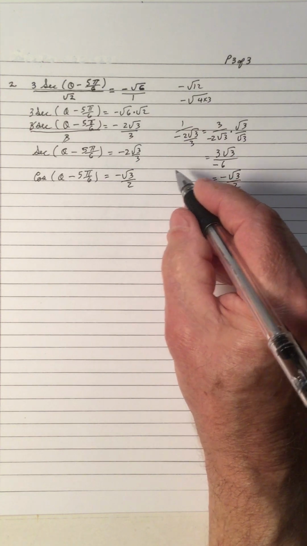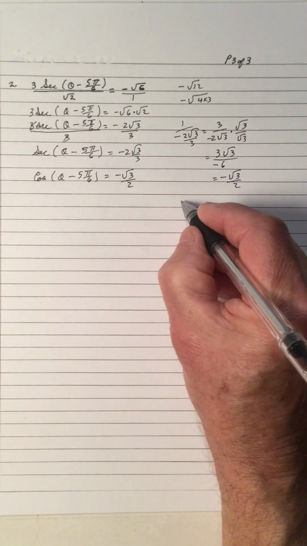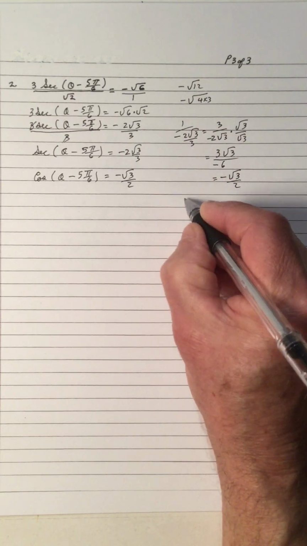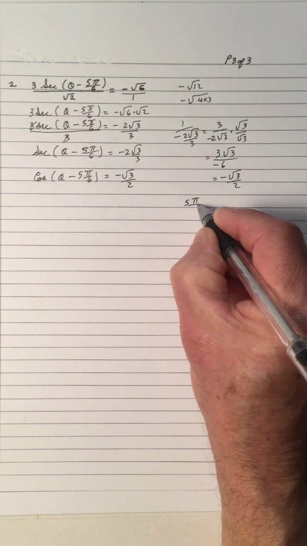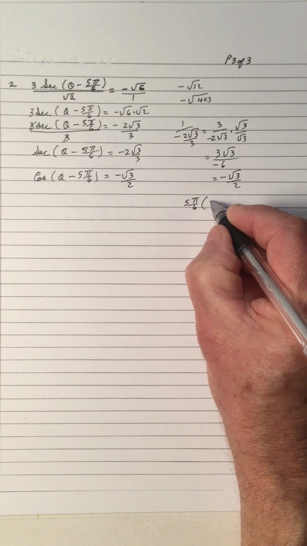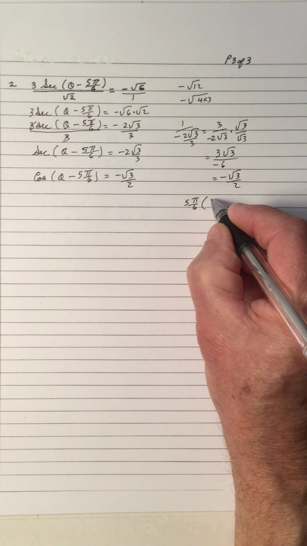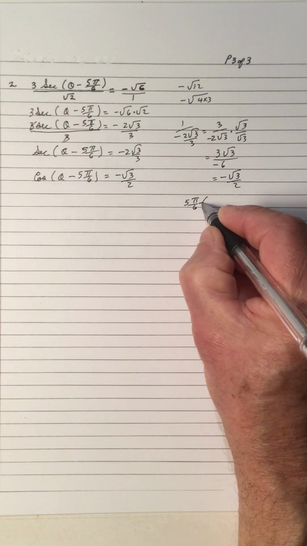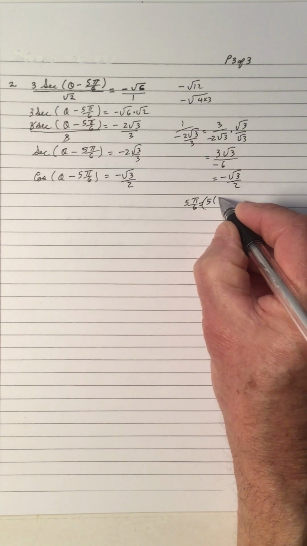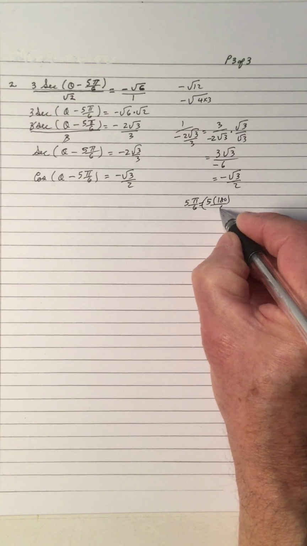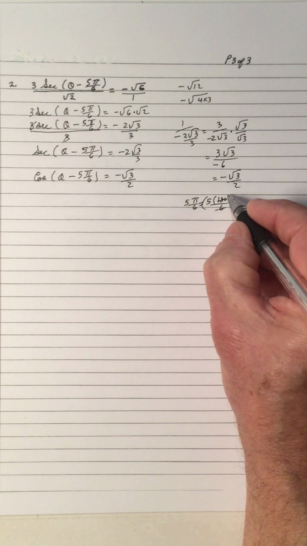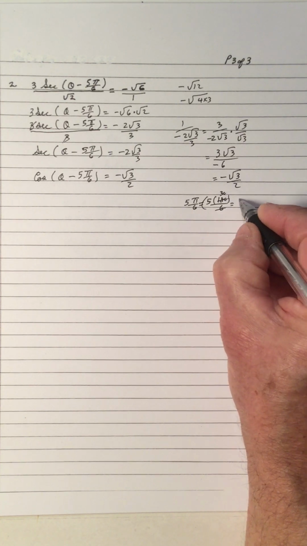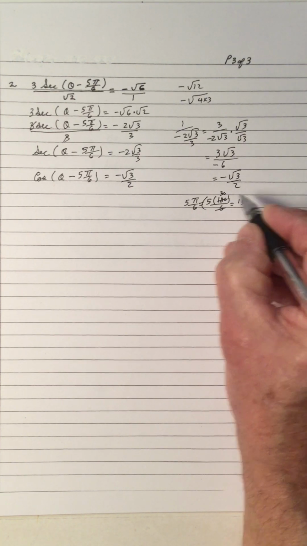So, what we want to do now, I want to work in degrees, so I'm going to change 5 pi over 6. I could multiply by 180 over pi, or I could make pi 180 degrees, and 6 into 180 goes 30, so that's 150 degrees.